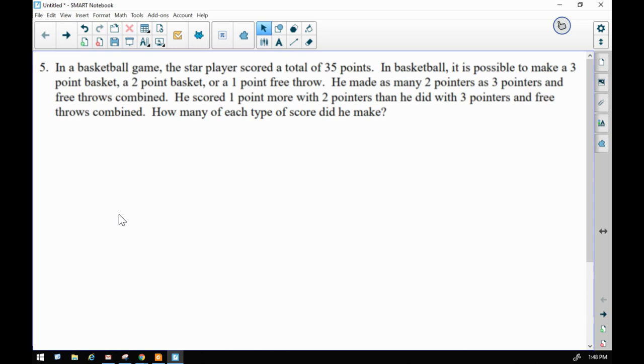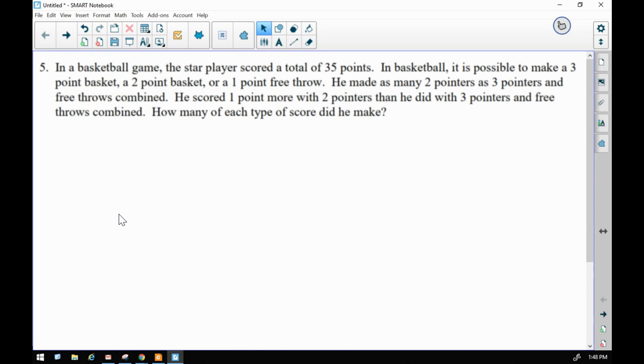All right, so let's talk about this one. I'm gonna help you set it up. In a basketball game, the star player scored a total of 35 points. In basketball, it's possible to make a 3-point basket, a 2-point basket, or a 1-point free throw. He made as many 2-pointers as 3-pointers and free throws combined. He scored 1 point more with 2-pointers than he did with 3-pointers and free throws combined.